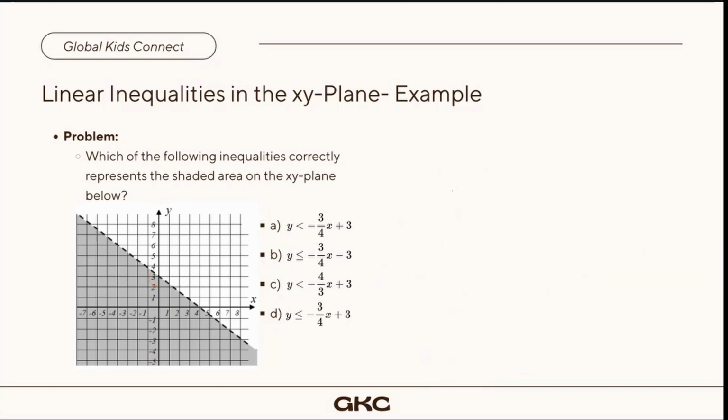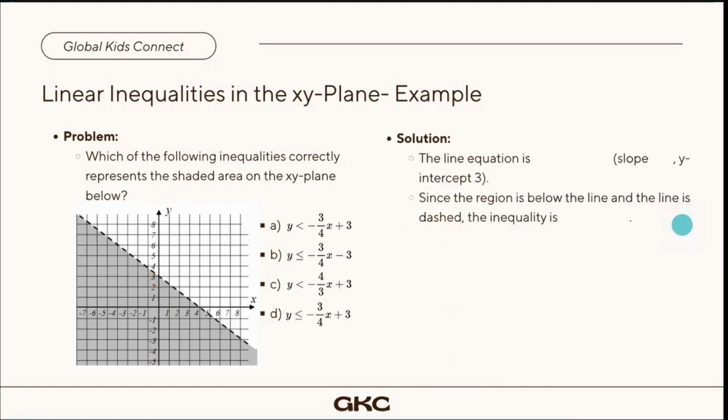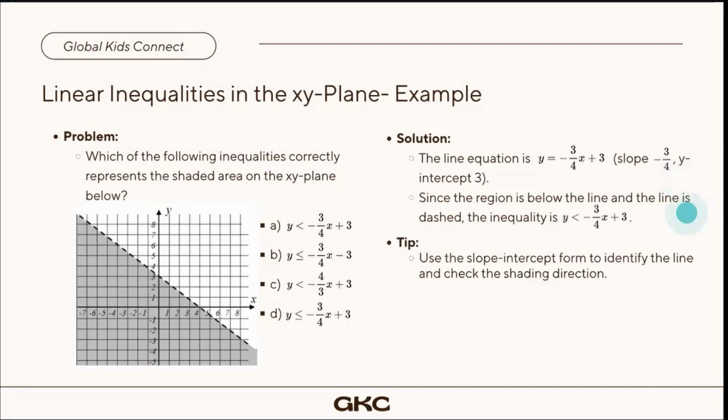Okay. So the solution is the same. And the tip is to use the slope intercept form to identify the line and check the shading direction, like we did for our solution.